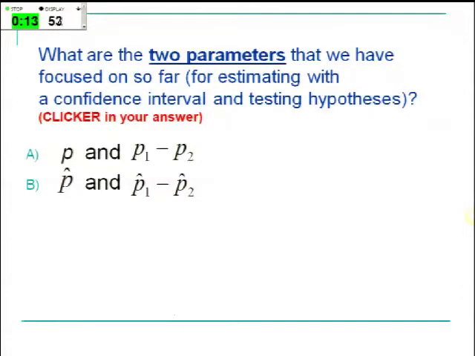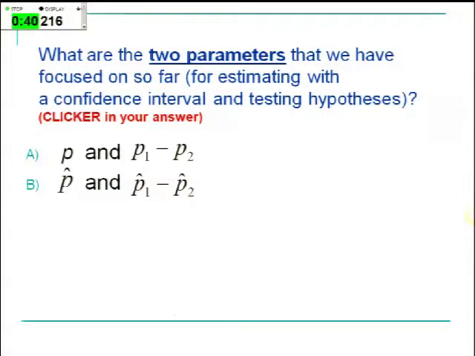We have gone through how to estimate those parameters with the confidence interval and how to test theories, hypotheses about them. You are asked to identify the parameters as opposed to what? The statistics.